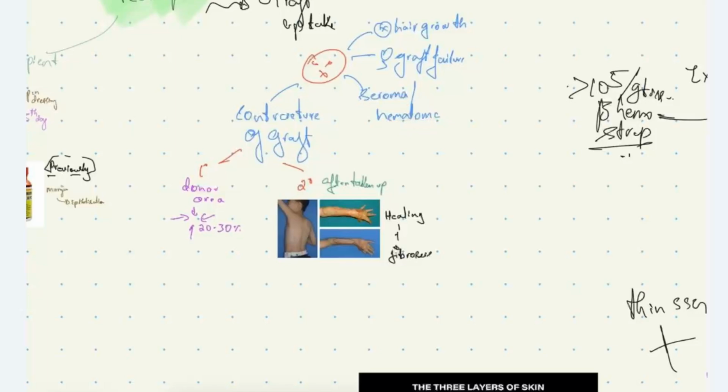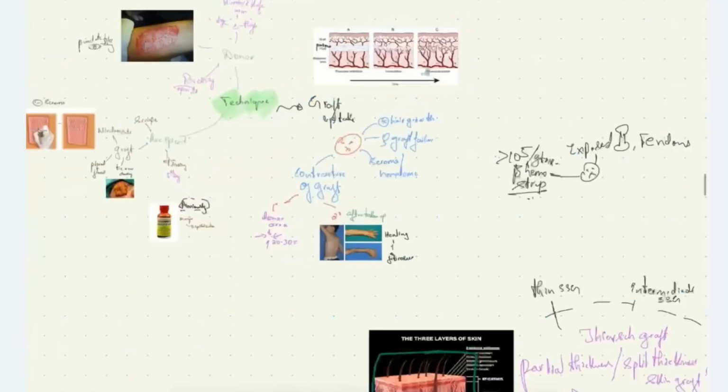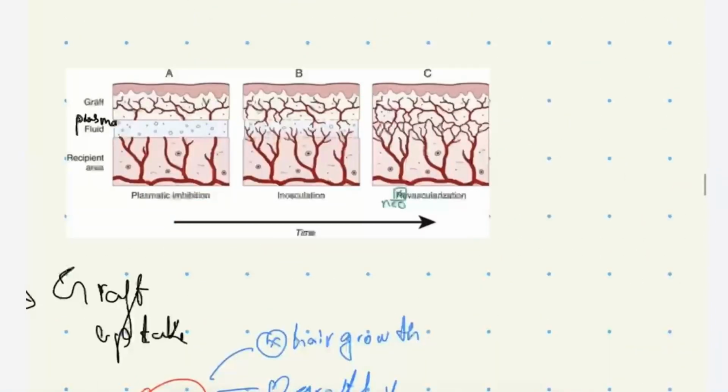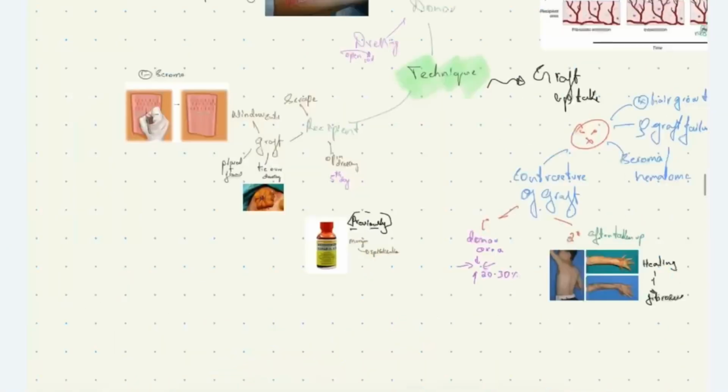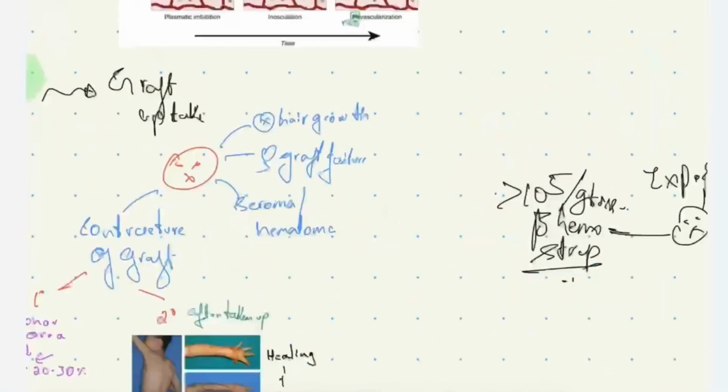There may be infection of the graft leading to graft failure. And also, we have taken only half of the dermis, so the hair growth will be impaired. The sensations will not be as good as normal skin in the split skin graft area. These are all the complications.